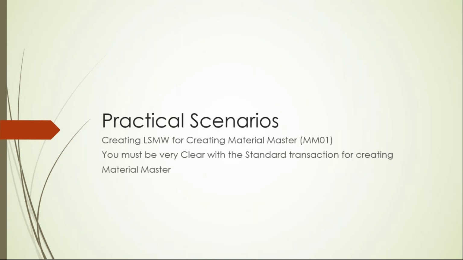First, you need to see the material master by creating it manually in MM01, seeing what the mandatory fields are, and then you go for the LSMW. That means you are just checking how you create the material using MM01, what mandatory field inputs you have to give, and accordingly you select the views, and then you save the content.